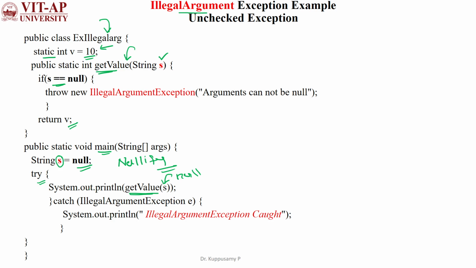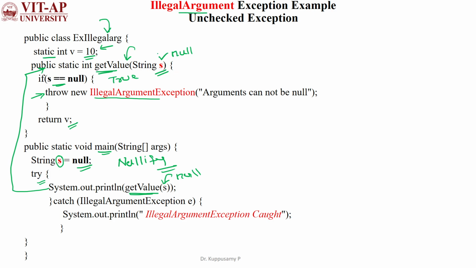Now control passes to the method getValue, where s carries the value null. It checks whether s equals null, which returns true, so the true block of the if statement executes, throwing the illegal argument exception. That means the argument should not be null.